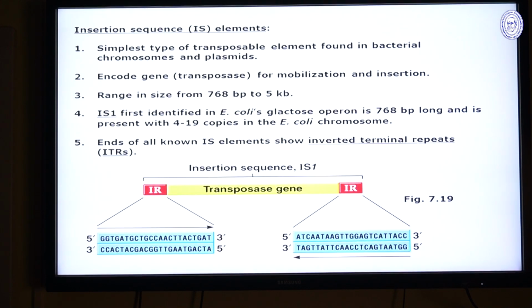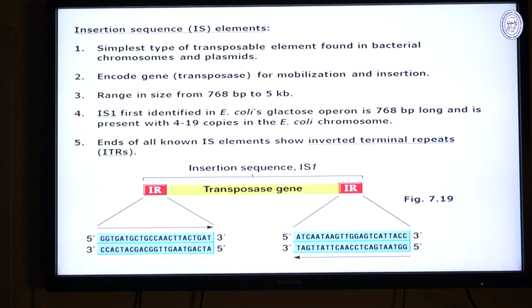I'll be discussing here just the plain IS element structure. It is the simplest type of transposable element found in bacterial chromosomes and plasmids. They encode the transposase gene, which is responsible for mobilization and insertion.